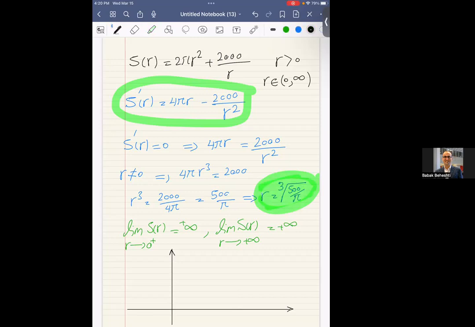When r goes to 0, s of r goes to infinity. So it's like this.